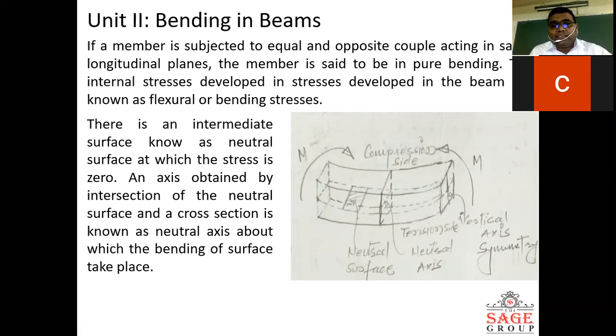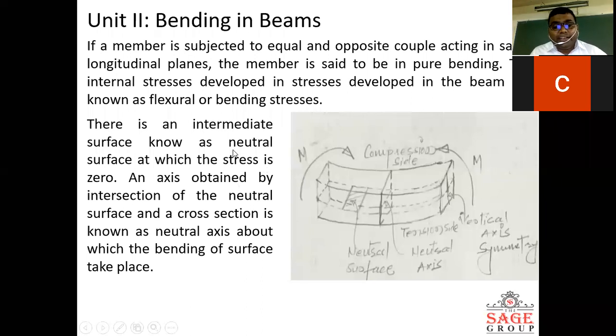The internal stress developed inside the beam is known as flexural or bending stress. When you apply equal and opposite couples, stress develops between the planes of bending, and that stress is called the bending stress or flexural stress.